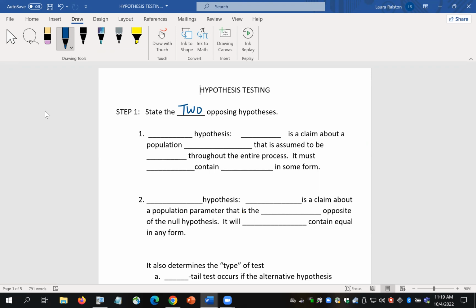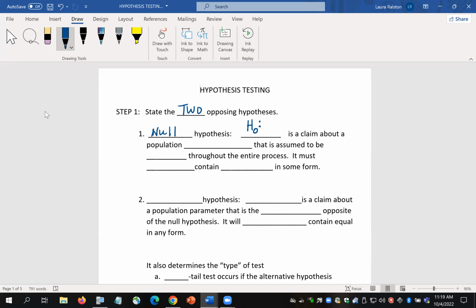The first of those two hypotheses is called the null hypothesis, and the symbol, we use a capital H for hypothesis, and it's a subscript of 0. You may or may not know the word null is an old word for 0, and so the symbol you'll see is H with a subscript of 0.